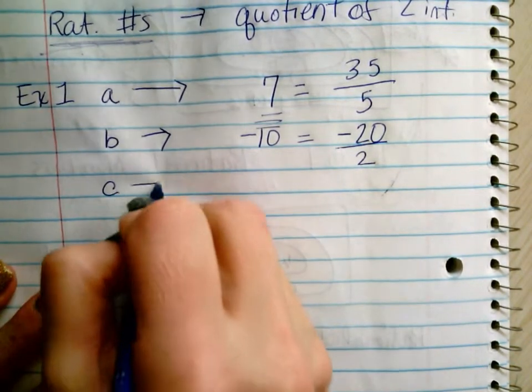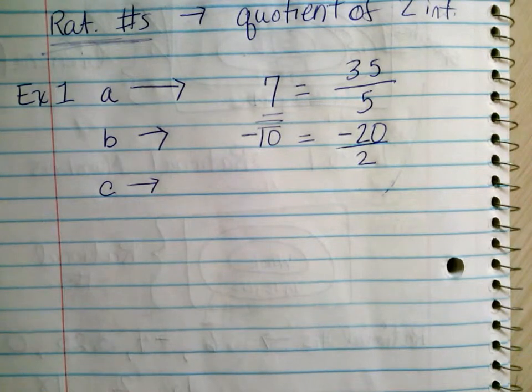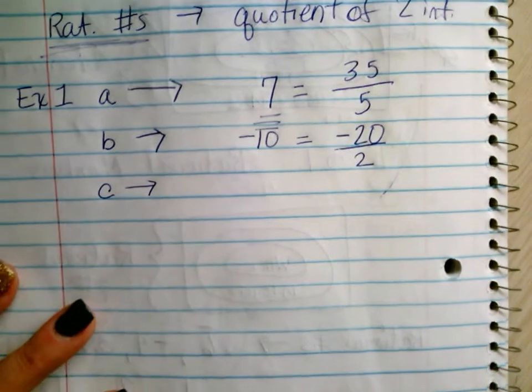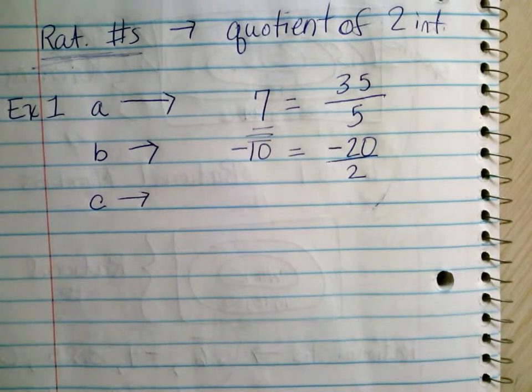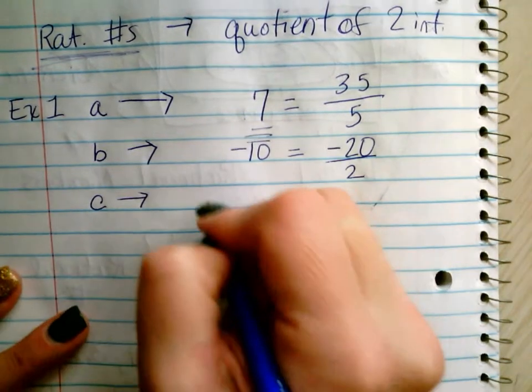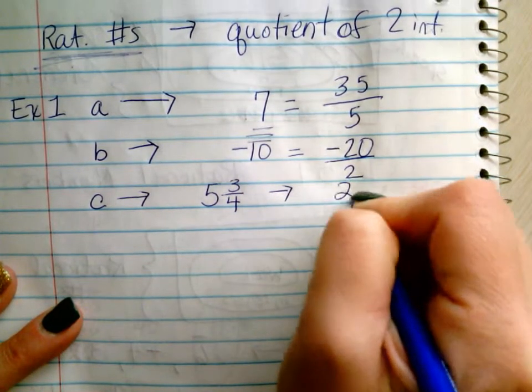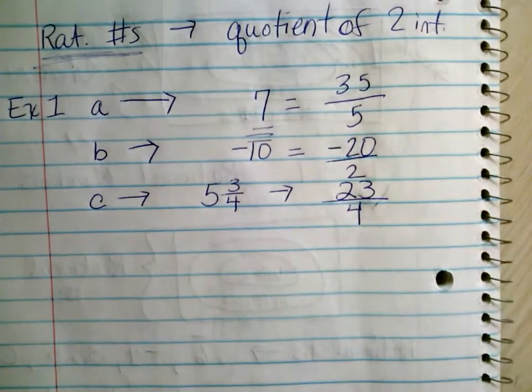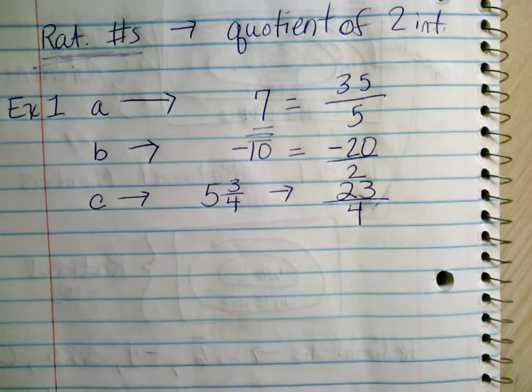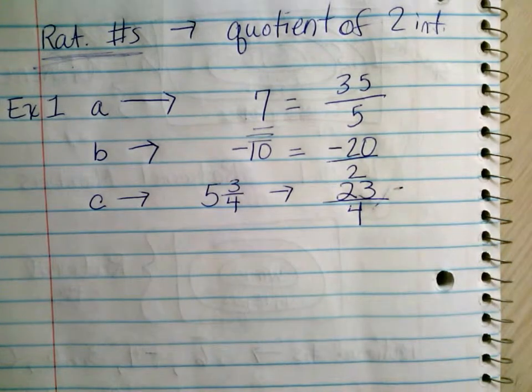Rational, not necessarily integers, not necessarily whole numbers. Okay? Letter C, 5 3/4, which I can just convert into an improper fraction, which is also the quotient of two integers.